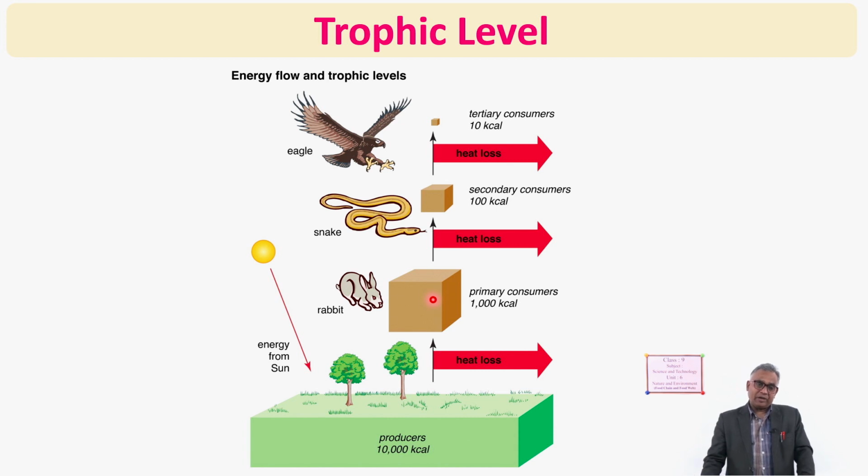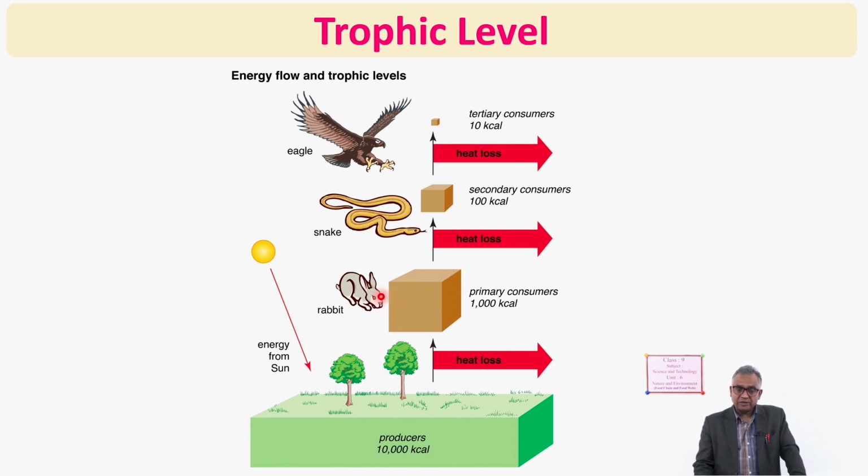Yes, okay, and by eating them, snakes get energy, so energy transfers there. And here the top level of consumers, yes, the top level consumer is the eagle, so that is here at the top, and it feeds on them, both of them. Okay, but here you have to understand that trophic level, trophic is related with nutrition. The producers are termed as first trophic level, and after that where the energy transfers, that is called the second trophic level.